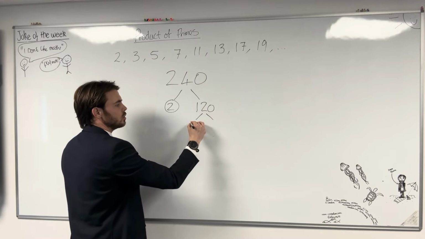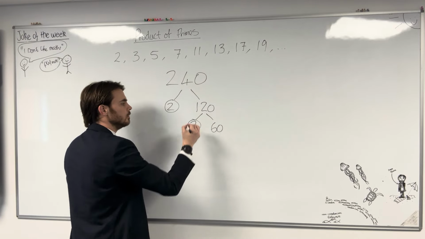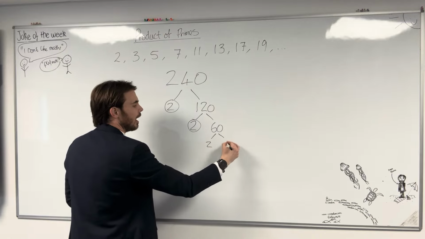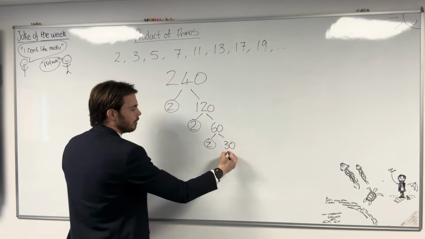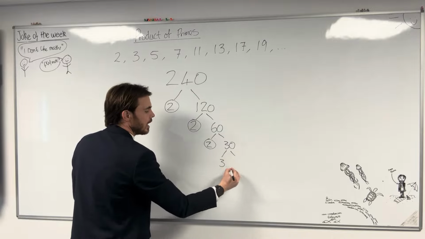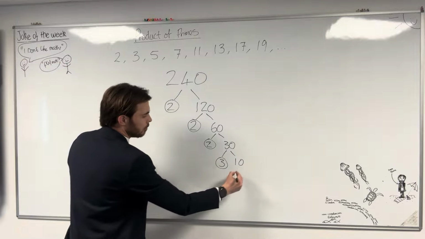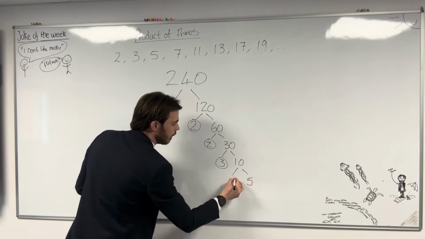I'm going to break that into a 2 and a 60. I'm getting somewhere now. Break the 60 down into 2 and 30. And then break the 30 down into 3 and 10. And then finally, break the 10 down into 2 and 5.